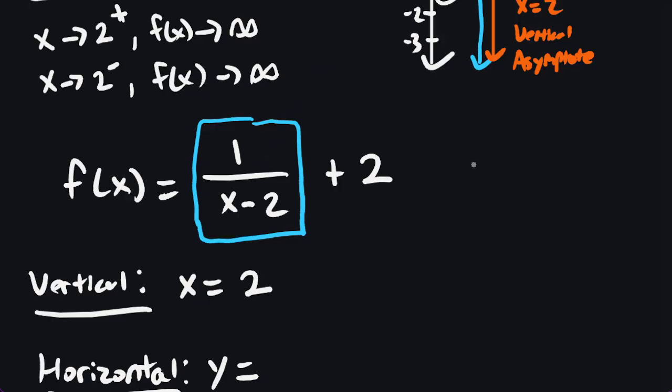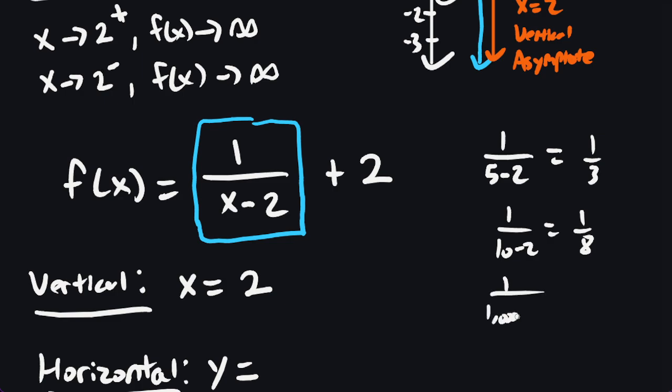Let's try some values, maybe at x equals 5, for example. 1 over 5 minus 2 is 1/3. How about x equals 10? 1 over 10 minus 2, which is 8, so 1 over 8. How about 1,000? 1 over 1,000 minus 2, which is 1 over 998.